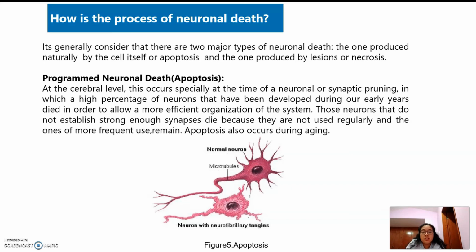Those neurons that don't establish strong enough synapses die because they are not used regularly, and the ones of more frequent use will stay or remain. Here we can see two different neurons. This one is a normal neuron, which has a lot of synapses, so it will remain. However, here we can see a cell that does not have enough synapses. This one is not regularly used, so it would die.